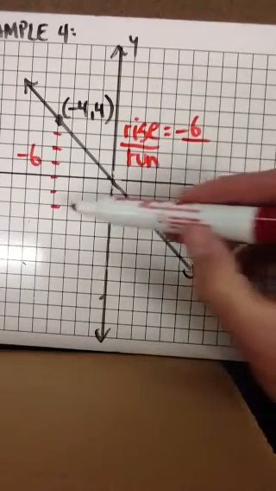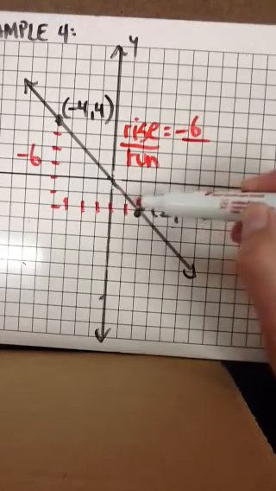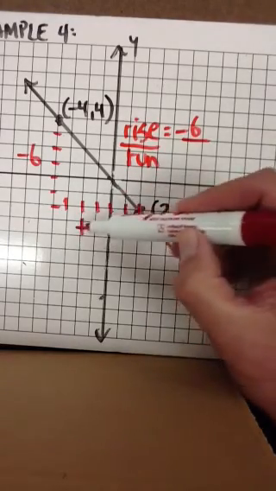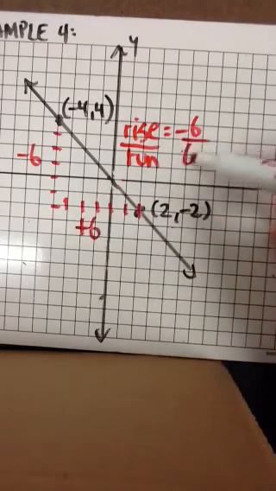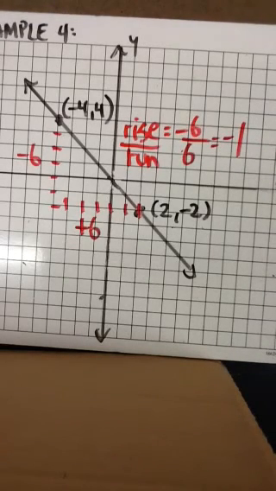Now let's calculate run. The run is a positive 6. Negative 6 divided by positive 6 is going to equal negative 1. So the slope of this line is a negative slope like we should expect, and it's equal to negative 1.